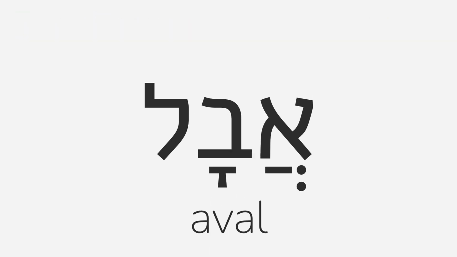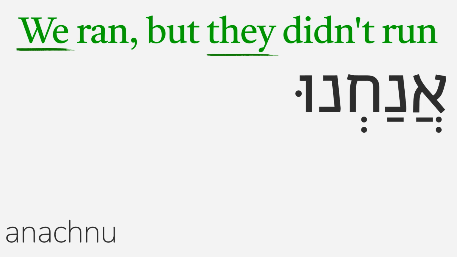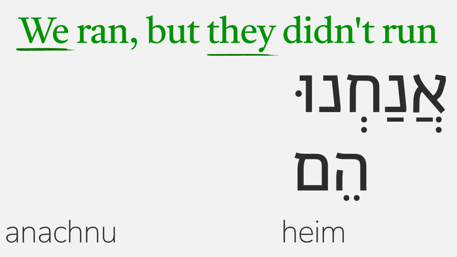The word aval means but. Let's make the sentence, we ran, but they didn't run. For this sentence, even though pronouns are not grammatically necessary with the Hebrew past tense, we will still use them because this sentence is contrasting we and they. And we can use the pronouns anachnu, we, and hem, they, to emphasize this contrast.